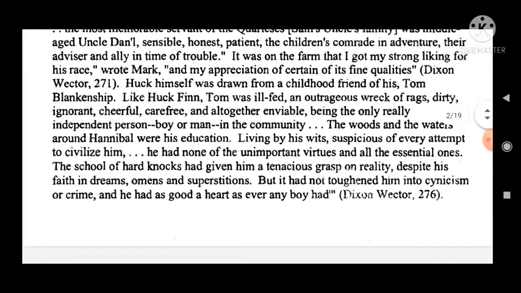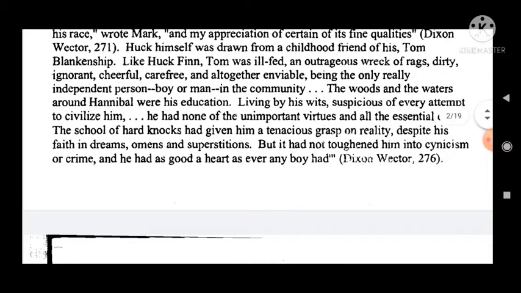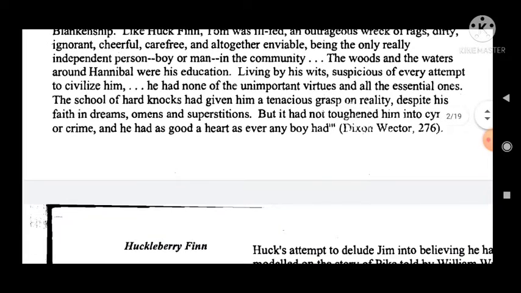Huck himself was drawn from a childhood friend of his, Tom Blankenship. Like Huck Finn, Tom was ill-fed, a wreck of rags, dirty, ignorant, cheerful, carefree and altogether enviable, being the only really independent person, boy or man, in the community. The woods and the waters around Hannibal were his education.